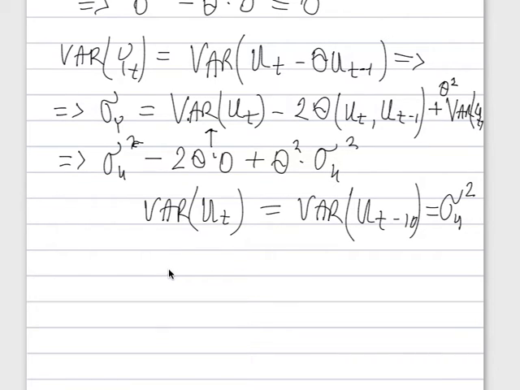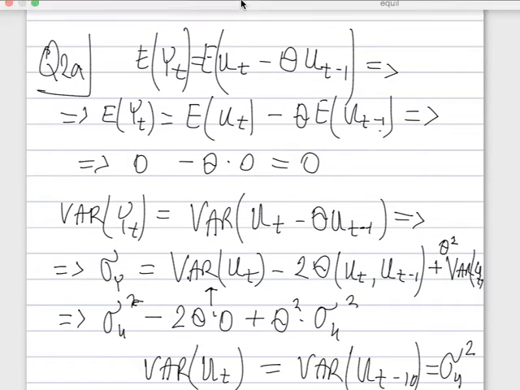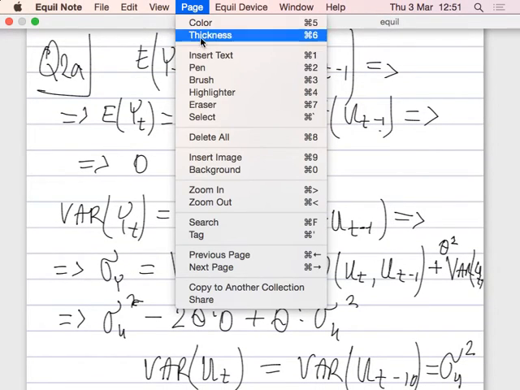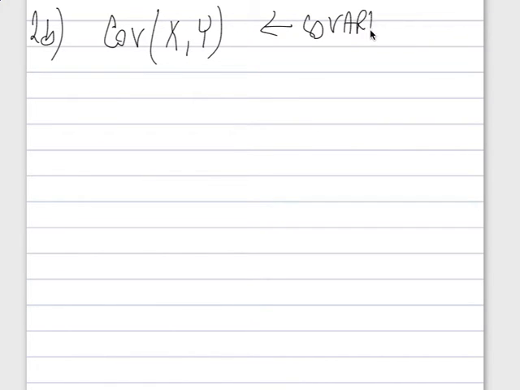Next, compute the first two autocovariances. Do you know if there is a difference between covariance and autocovariance? Anyone? More often students get confused by the terminology, although this means the same thing as this.